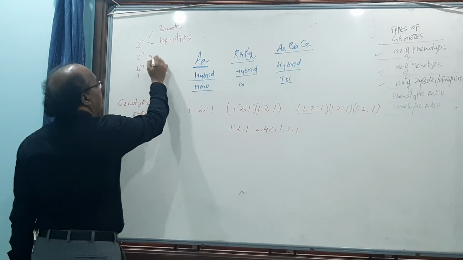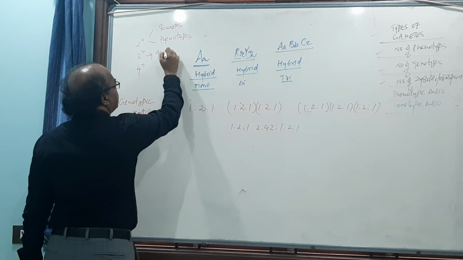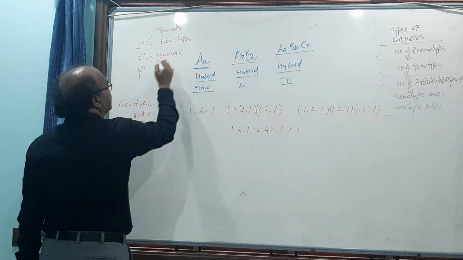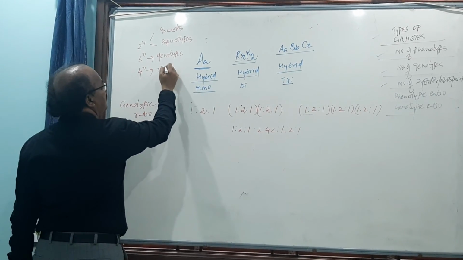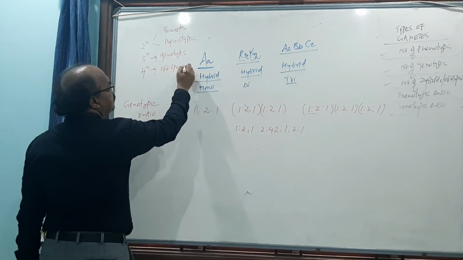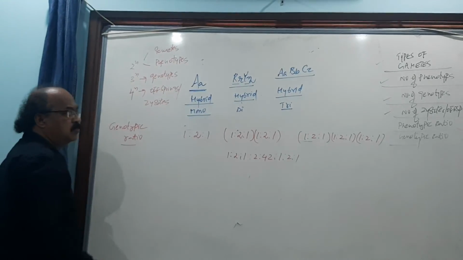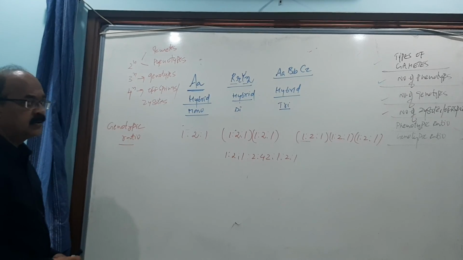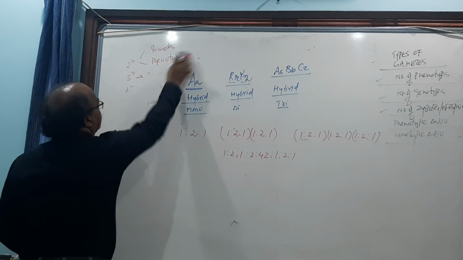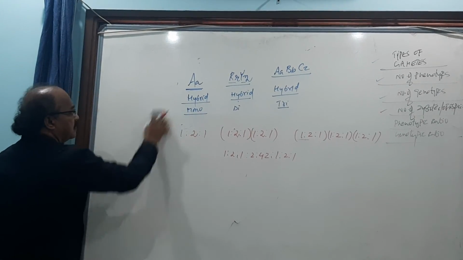For genotypes, it is 3 raised to n. For offsprings, it is 4 raised to n, or they may give you zygotes or progeny. So these are simple calculations you have to remember.